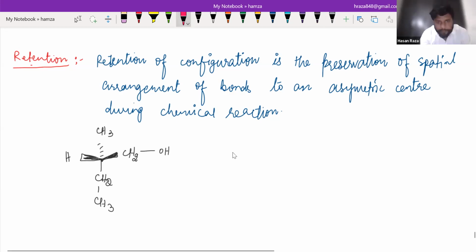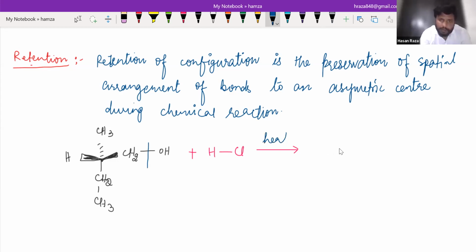To react this with HCl, if it is going to retain itself, you can see this bond will break, and what happens after the reaction? This is CH2 and this is Cl. This is hydrogen. This is CH2 and CH2. This is CH2 along with H2O, you can say.